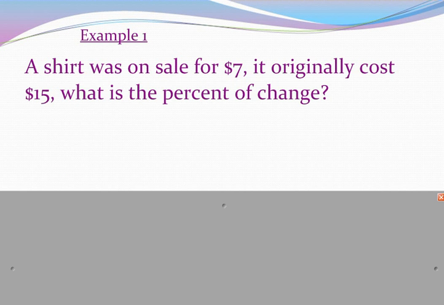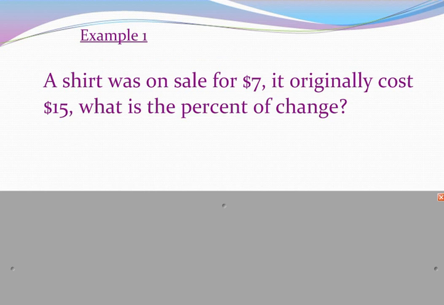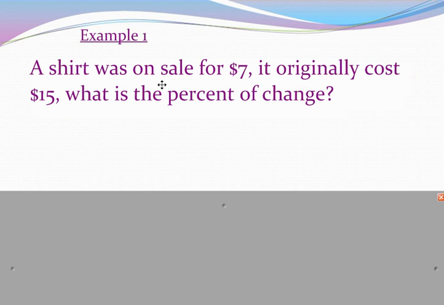Now I'd like to work through some example problems with you to show you how this works. I have a couple of them I'm going to do. I'm going to start off with something pretty easy. Example 1. It says, a shirt was on sale for $7. It originally cost $15. What is the percent of change? Well, we know this is a percent of change problem because it says it right here at the end of the problem.